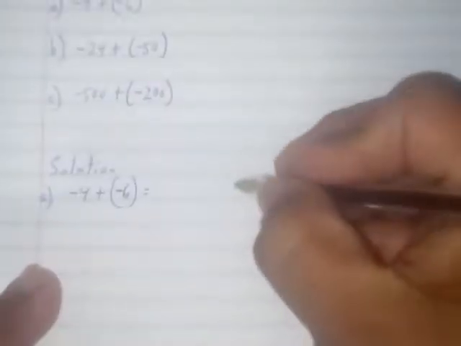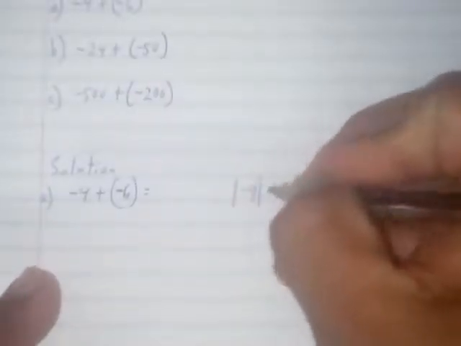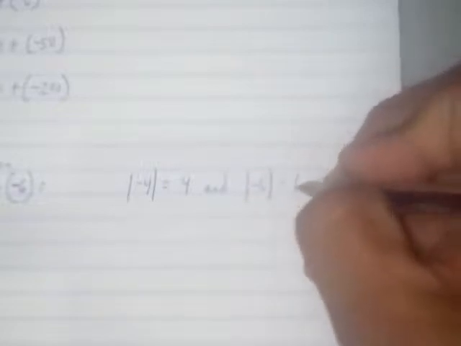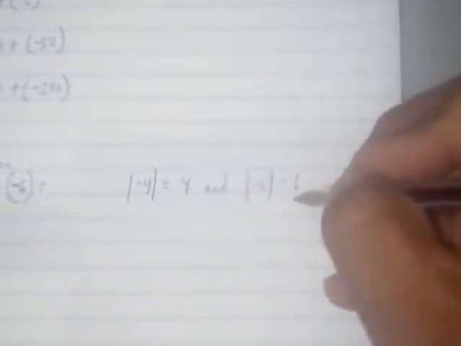The absolute value of negative 4 is 4, and the absolute value of negative 6 is 6. And make the final answer negative once we add the two absolute values. So add your absolute values, 4 and 6, to get 10. And then make the final answer negative. That's your first solution. Okay?